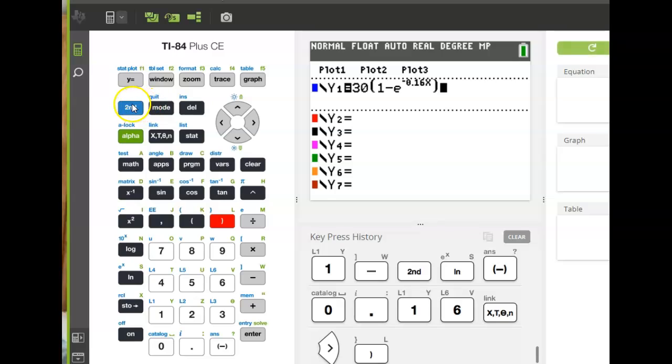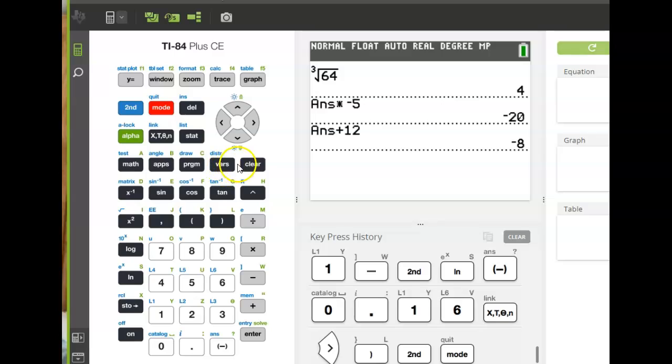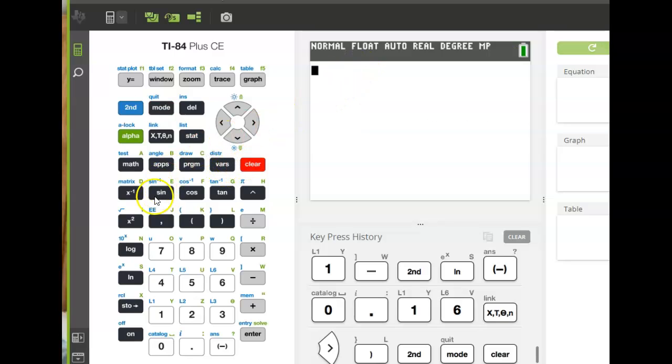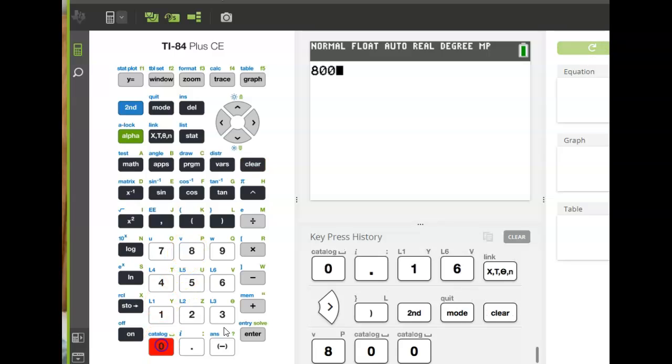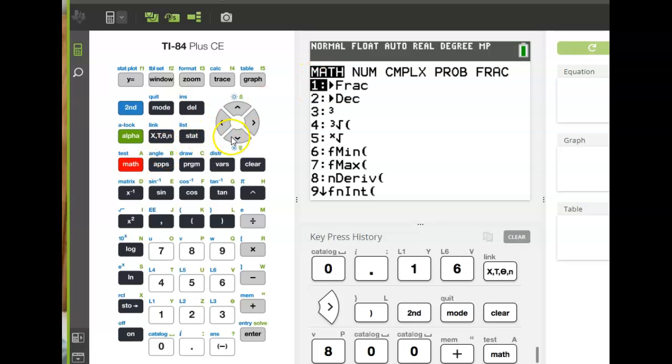Now, we don't need a graph, right? What I want to do then is just go to a blank screen. So go second quit. I'm going to clear everything out. And then we want to do the integral. And actually, let's do 800 plus, because that's the initial amount, plus math option 9.